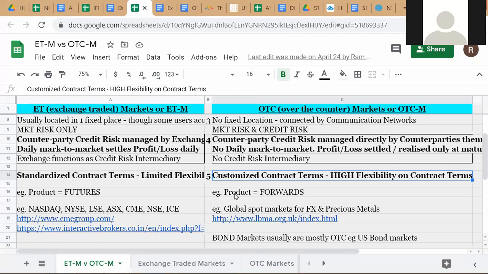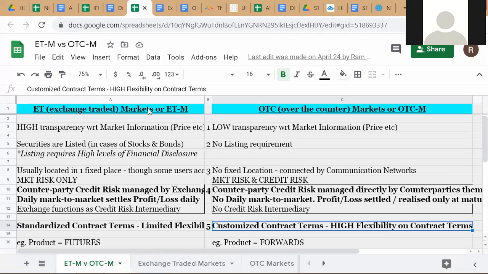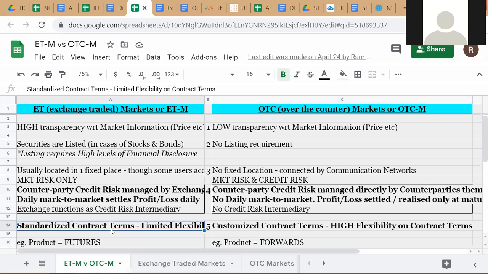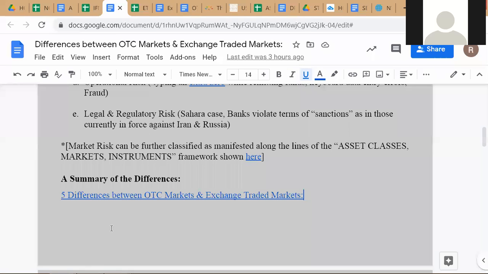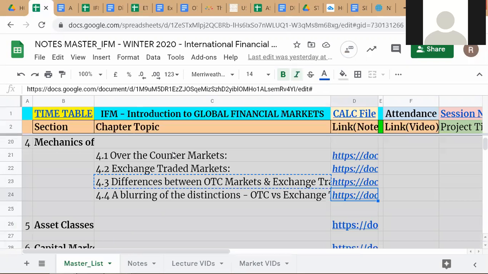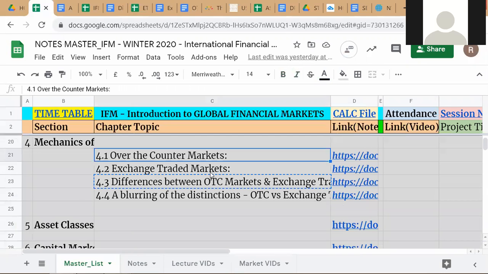That you can see if you start looking at ET markets, okay, we have OTC, you understood these points. Let's understand how ET markets differ on the two most important features. So let's start with this first, because our second note is on OTC market, then exchange traded markets.